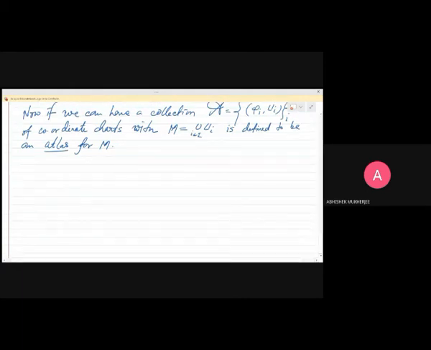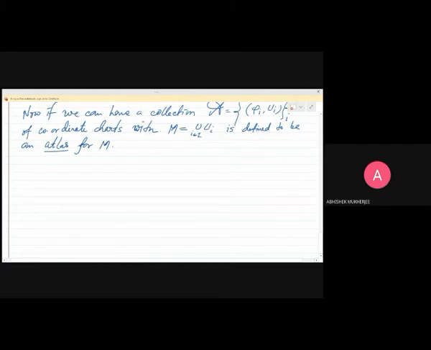So if you can have a collection A of coordinate charts with M equal to the union of U_i, then this collection will be defined to be an atlas for M.